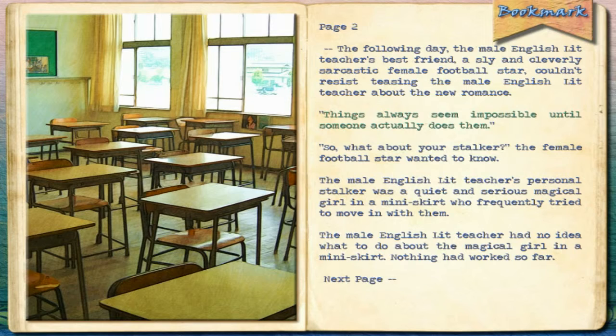Interesting. Always the miniskirts. The male English literature teacher had no idea what to do about the magical girl in a miniskirt. Nothing had worked so far. He is trying to get into that miniskirt. He is a dirty, dirty, dirty man.